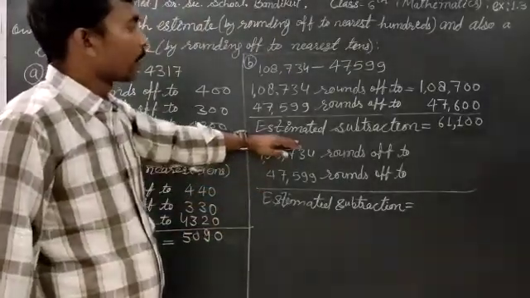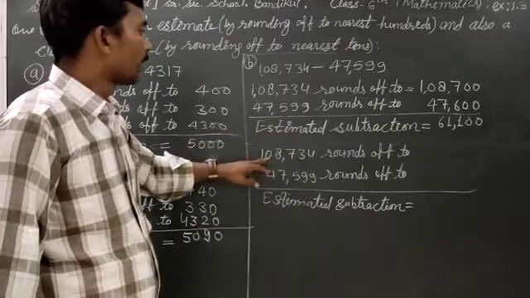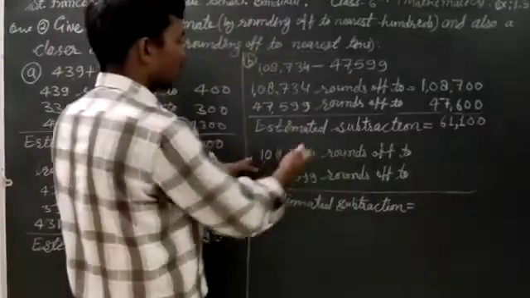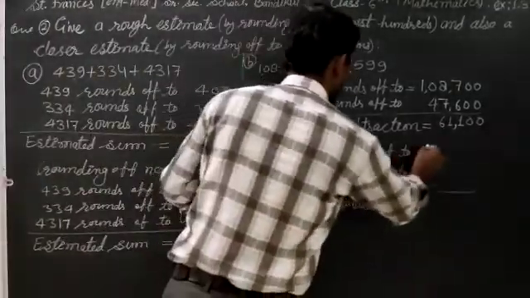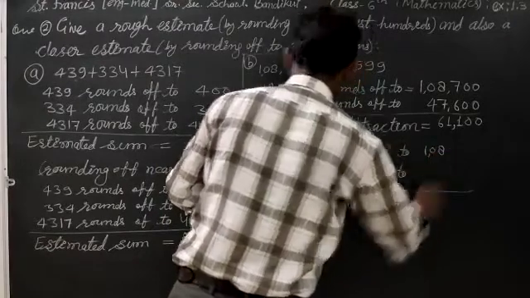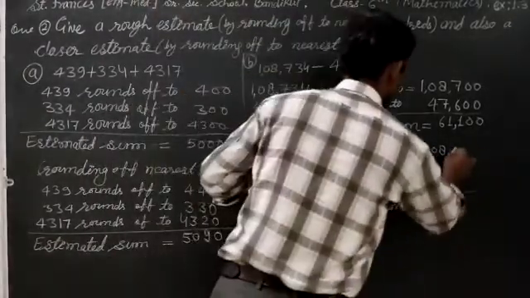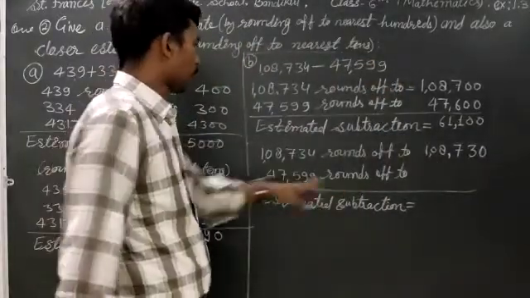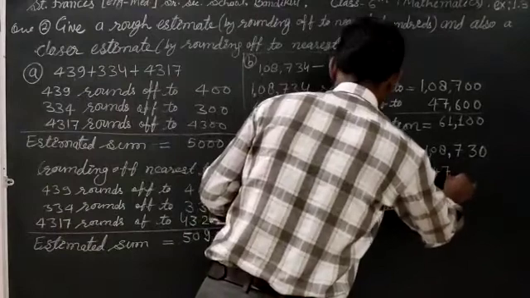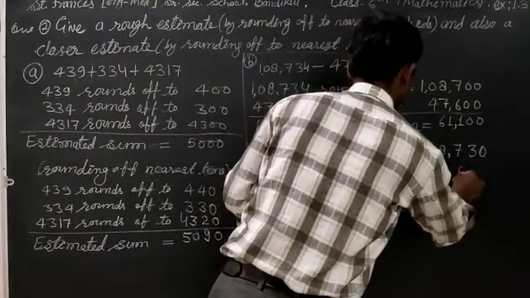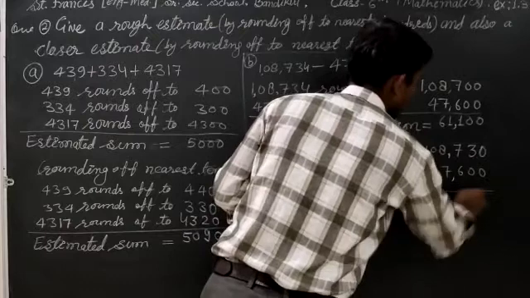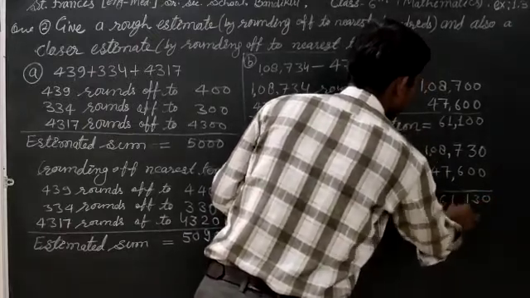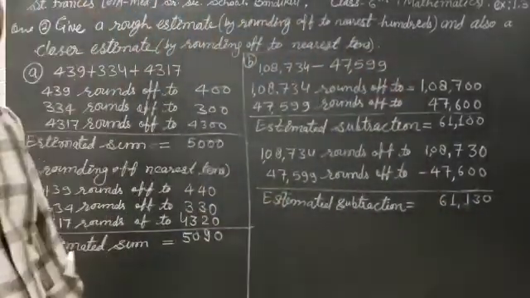Now rounding off to the nearest tens, 1,08,734 rounds off to 1,08,730, and this rounds off to 47,600. So the estimated subtraction will be 61,130.